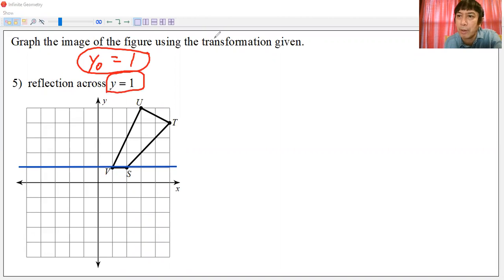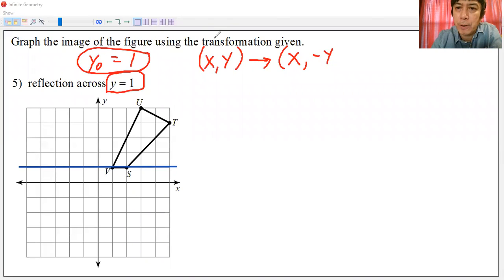Okay, that means our y values are changing. Our y values are the ones changing. Let's have the rule: (x, y), and then our x remains constant. Okay, our y values will be negative y plus 2 times y sub 0. Yeah, that's the formula. Let's gather our points.